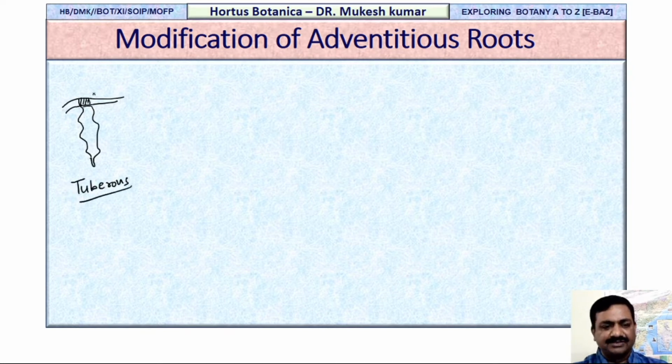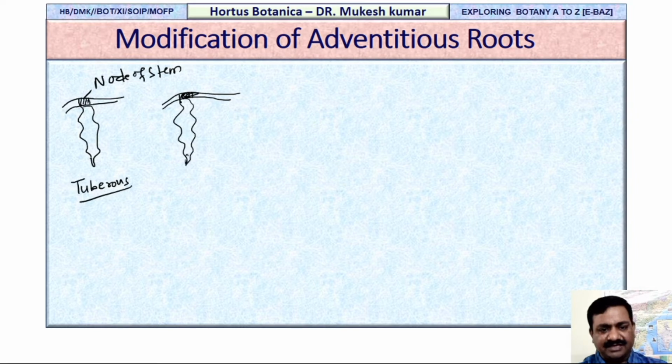Fine. So arising from the node of the stem, got very irregular structure. Now I am telling you that, see, this is again we have the node and similar tuberous roots are there, but they are not single, rather in group.